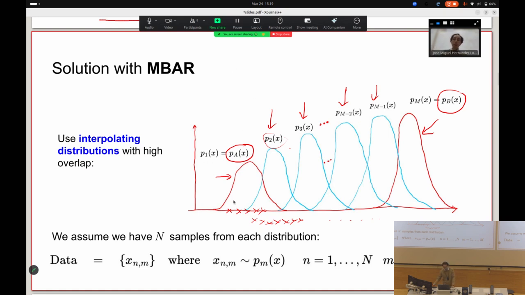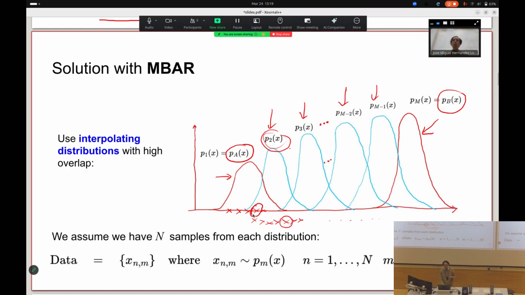So here we have two distributions, PA and P2, and then we have samples, and then we could think of estimating a naive Bayes classifier that is trying to guess from which distribution each sample comes from. Is this sample here coming from distribution PA or from P2?